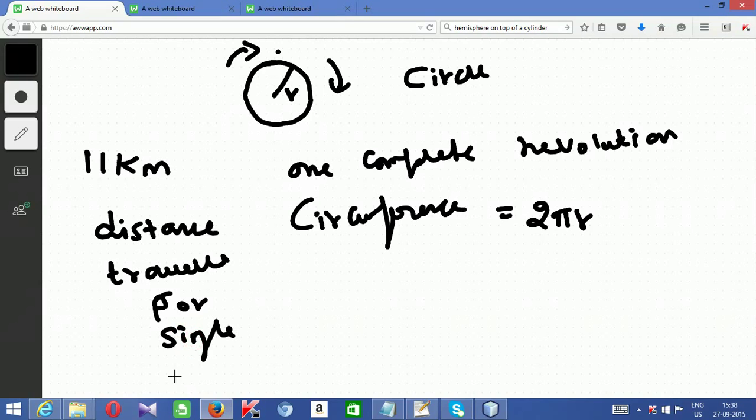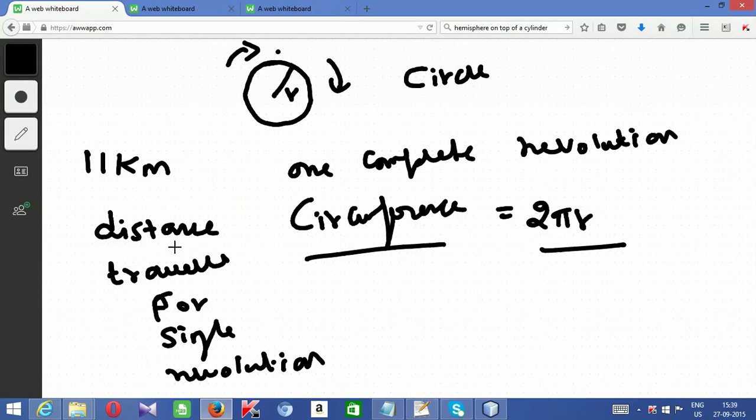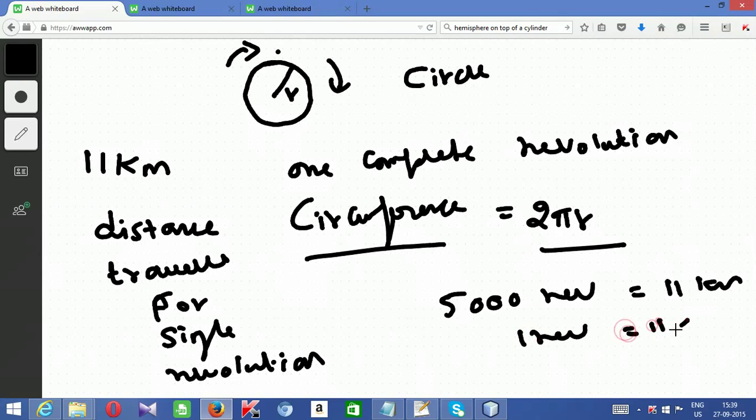Why? Because you know the formula for a single revolution is the circumference, which is 2 pi r. It takes 5000 revolutions to complete 11 km, so for one revolution it's 11 by 5000.